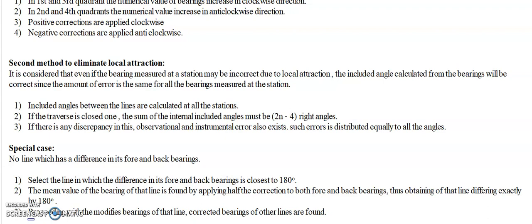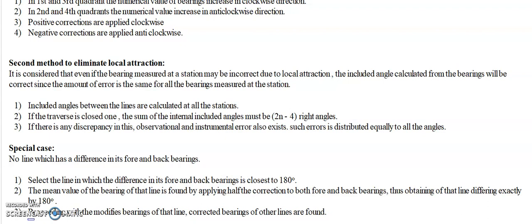Now, over and above this, there can be a special case in which there is no line which has the difference in its fore bearing and back bearing equal to 180 degrees. So in this case, select the line in which the difference in its fore and back bearing is closest to 180 degrees, that is the least value.